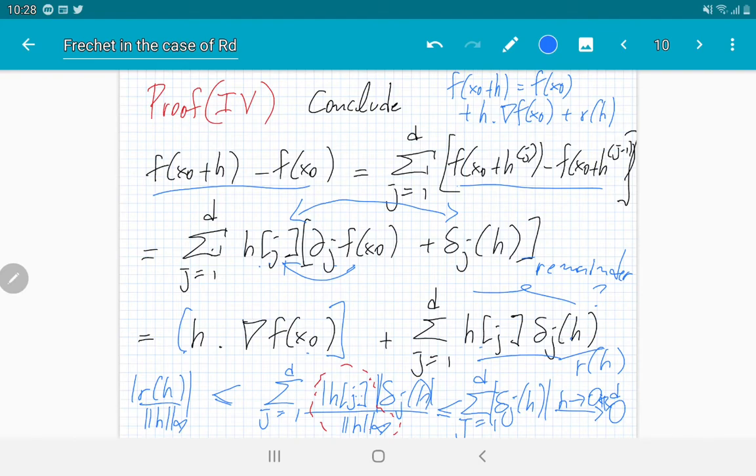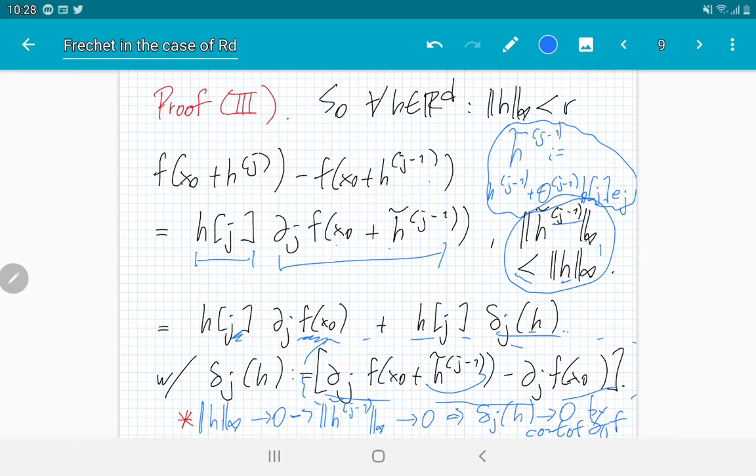So if you like, we're using Hölder's inequality here for the infinity and the 1 norms. And this vector of coordinates delta j of h goes to 0 because each delta j of h has this very specific form, which is the partial derivative at x naught plus a vector that has a norm less than or equal to the norm of h, minus the partial derivative at x naught. The partial derivative is continuous, and therefore delta j of h goes to 0.